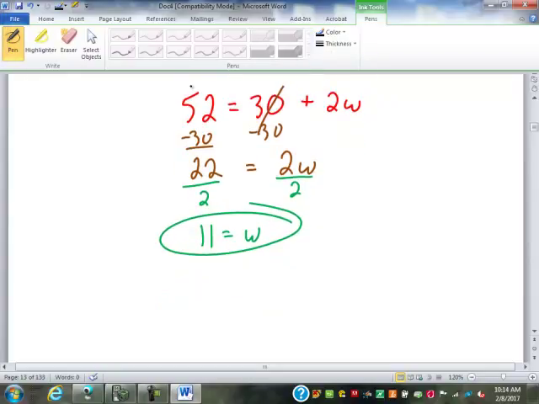Not all of the word problems are going to require an equation. Actually, very few of them are going to require an equation. Most of them you'll be able to do without writing out any sort of equation at all.